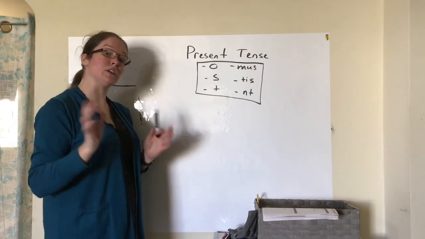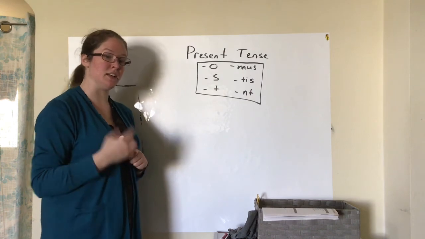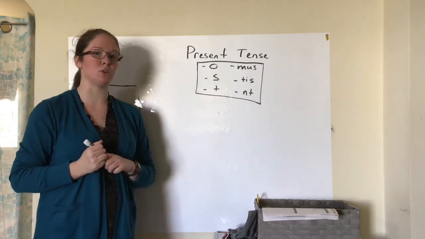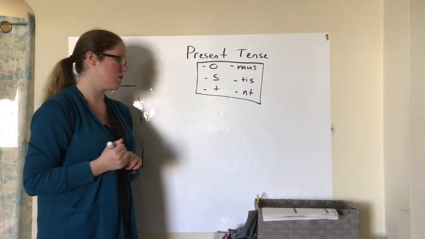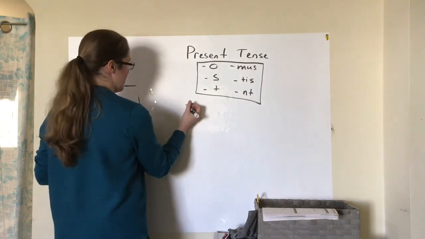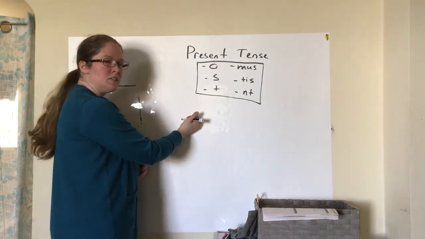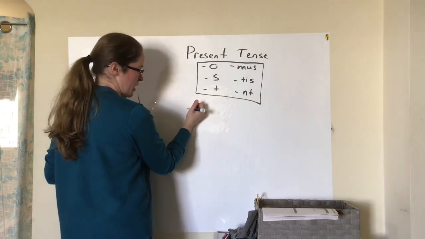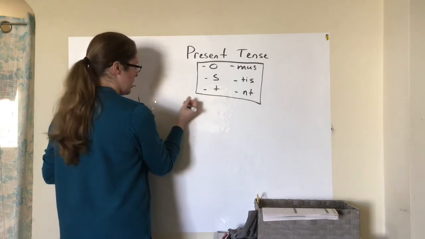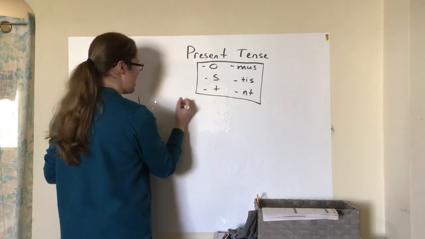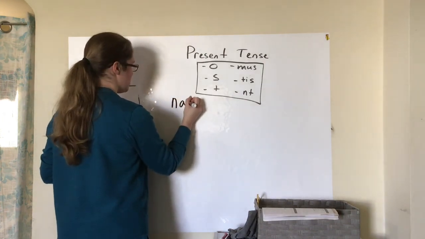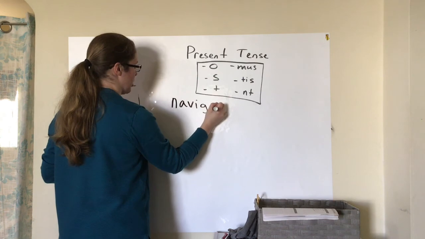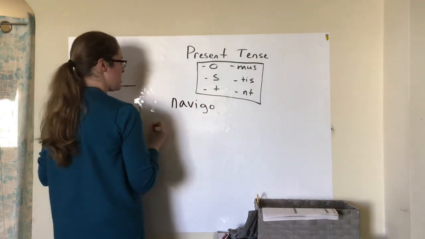But there are actually a couple other ways to translate it. In fact, there are 3 ways that we can translate the present tense. The first way is called the simple present, which is what we've been doing. I'm going to use an example of navigo, sail.